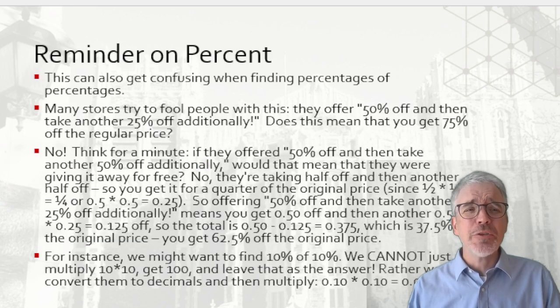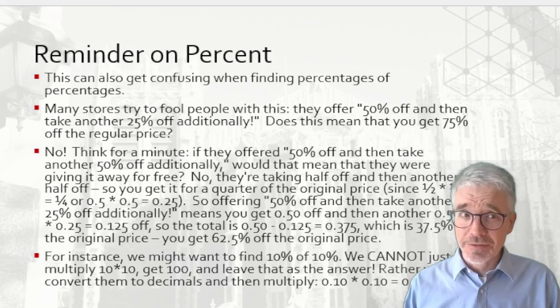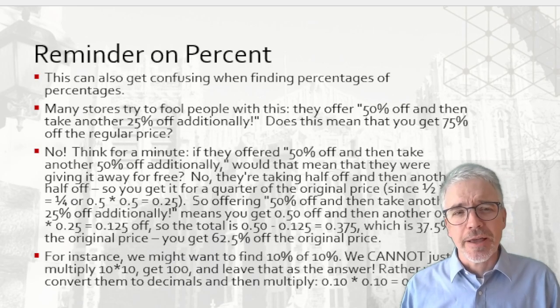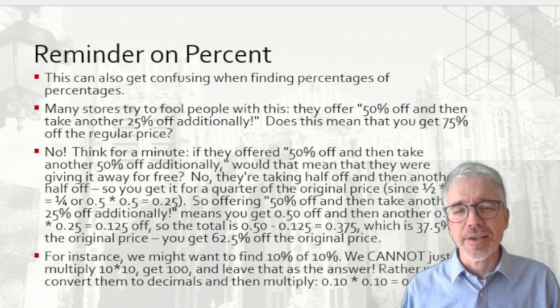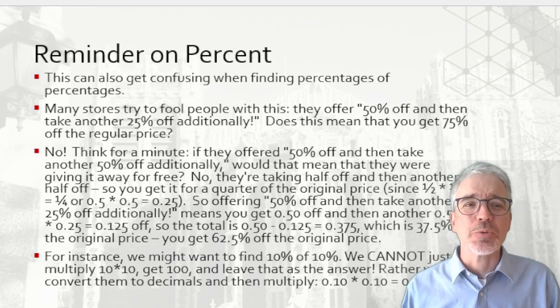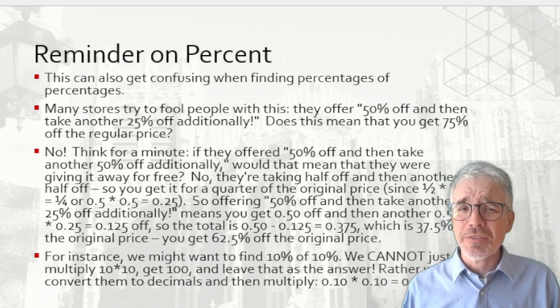Now, sometimes you've got to look a little extra carefully to make sure you're not going too fast and getting sloppy. A lot of stores, when they're putting stuff on sale, count on the fact that people are fast and kind of sloppy thinking. A store might advertise sale, 50% off, and then take an additional 25% off. Sounds good, right? But does that mean you get 75% off the regular price? Nope. That's a trick.